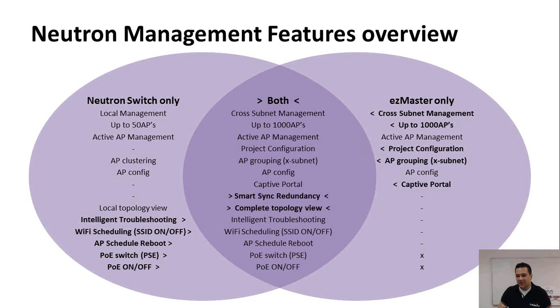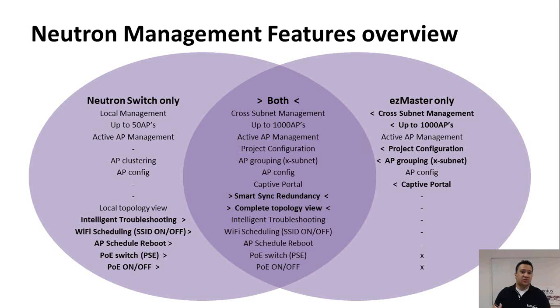Just to make clear the differences between using ezMaster only and the switch only, I have this slide here. So the ezMaster is not to replace the Neutron switches. ezMaster is to make the solution more complete and is supposed to be used as an add-on to the Neutron switches.